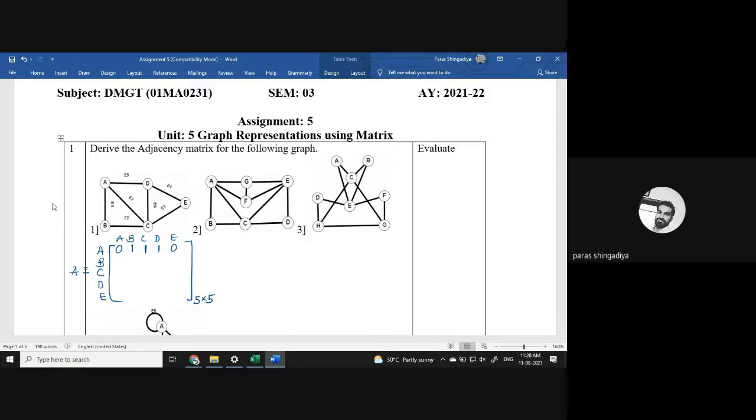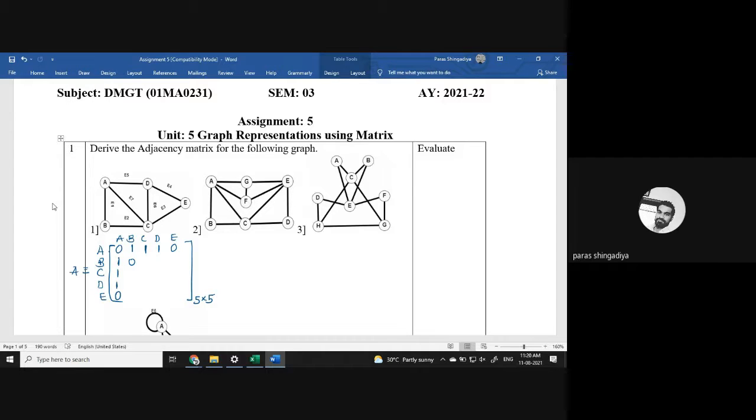Now do it for the second row, and as we know, it is always a symmetric matrix. Clear? So you can replace the first row data in the first column. The first row will be the same as the first column, so you can put the same values there. Now for B with the remaining vertices: B to B is 0 here, so no loop.